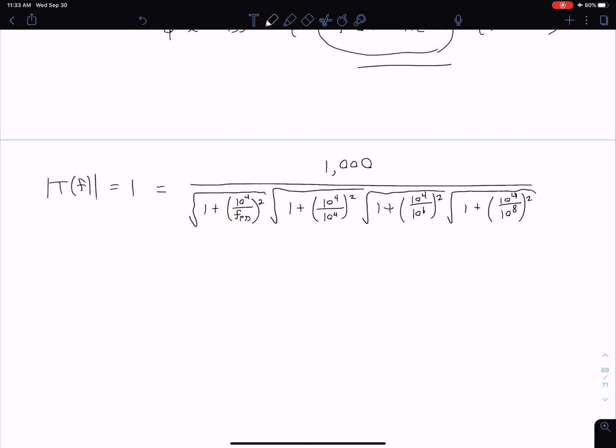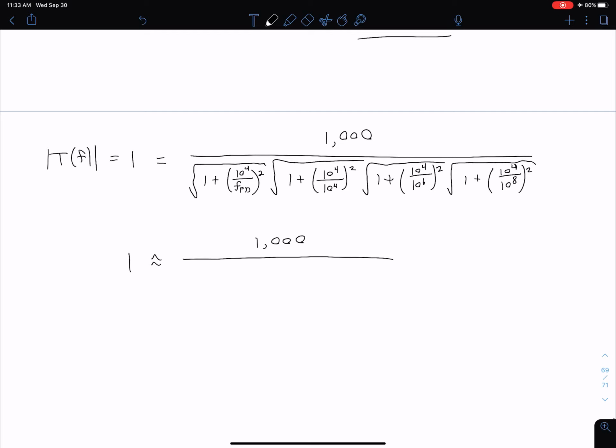Of course, we can solve for these other numbers, and I'm going to write them out so we can see the contribution from each of these poles. The first term is coming along because it has our unknown value in it, f PD squared.